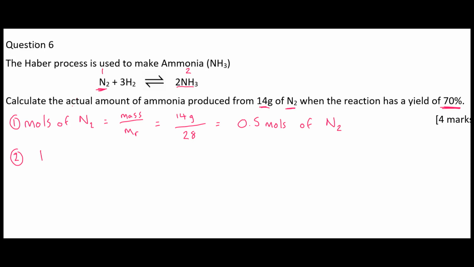So they are in a ratio of 1 to 2. Well, we've got 0.5 moles of nitrogen, which means we have twice the amount of moles of ammonia. So we must have 1 mole of NH3.